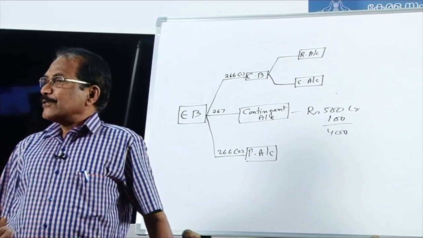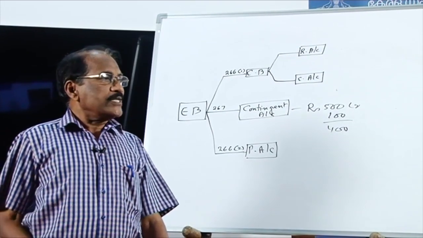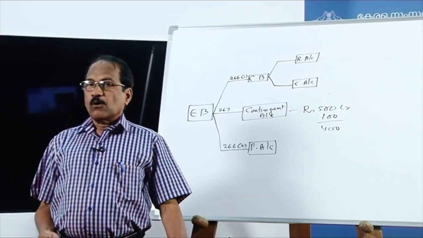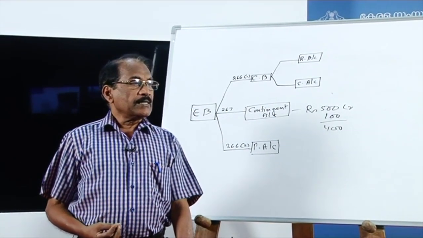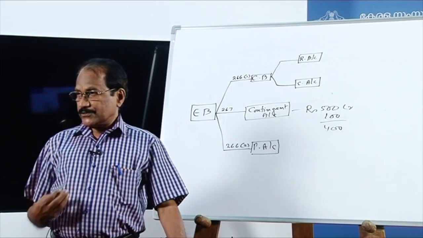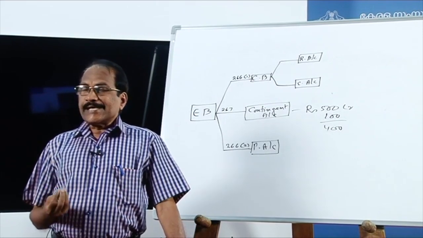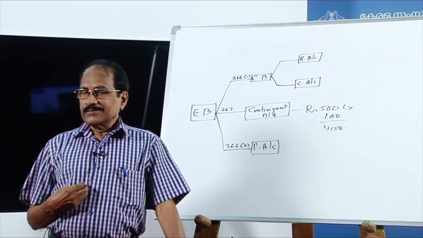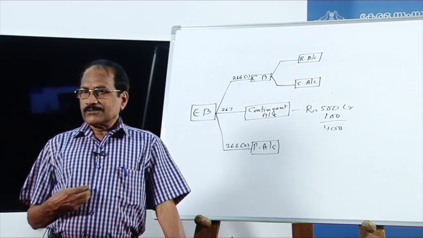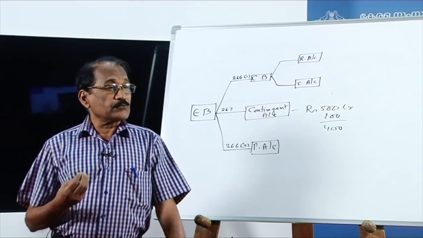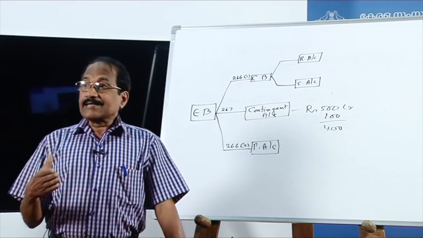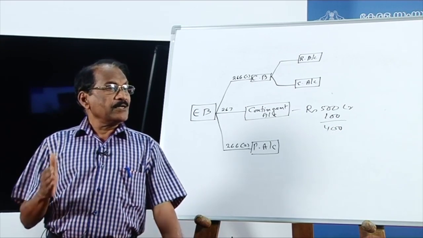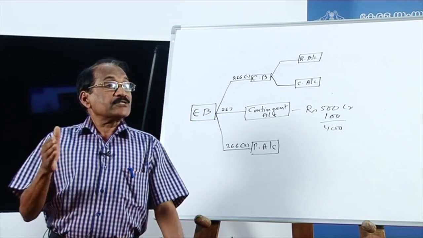Revenue account is what? Revenue account is maintained to meet the revenue expenditures. What are called revenue expenditures? Unproductive expenditures, obligatory expenditures of government, social welfare expenditures, recurring expenditures year after year, in every budget we find provision for such types of expenditures.